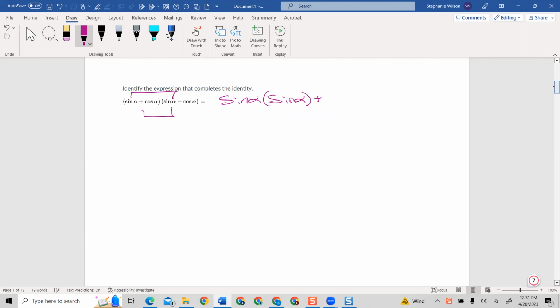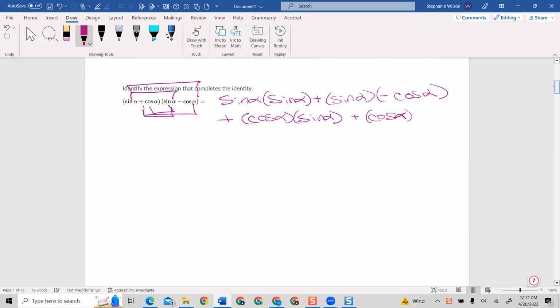Plus the outers: sine alpha times negative cosine alpha. Plus the inners: positive cosine alpha times sine alpha. Plus the last: cosine alpha times negative cosine alpha.